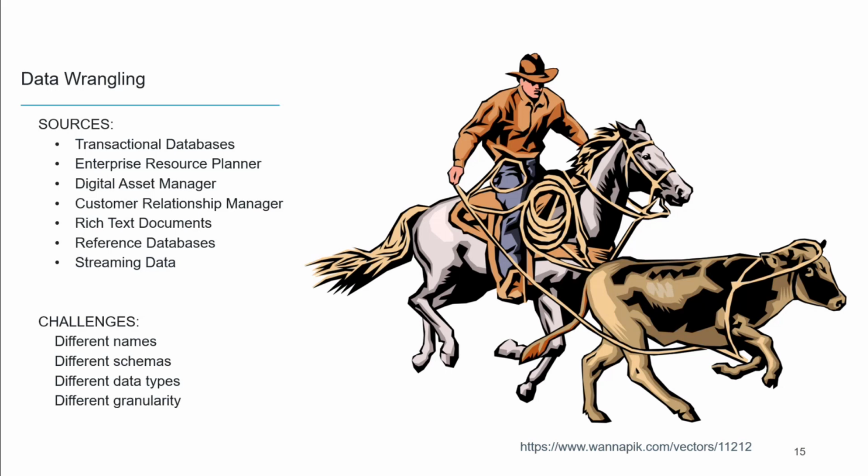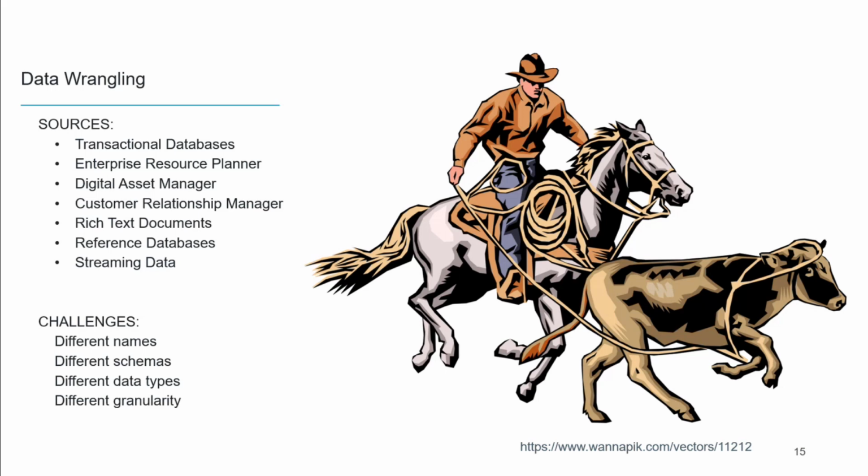Finally, one last challenge that can come with dealing with a lot of different sources is granularity. So you may have one source that tracks temperature in a room over time, tracking it by the minute. And then you may have another source that is tracking the number of people who enter a room, and that is tracking it by the hour.